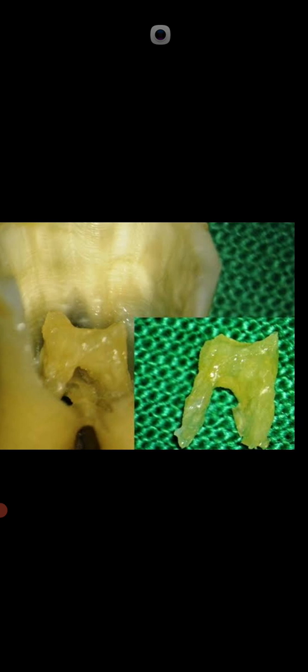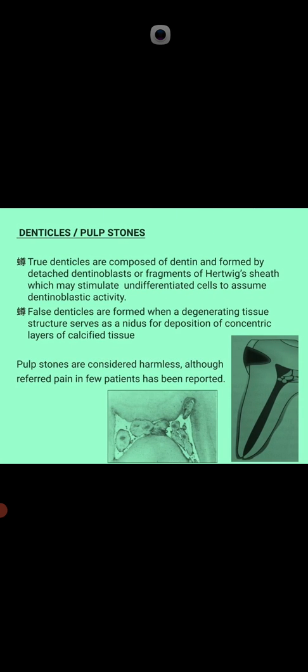Then in the pulp chamber we can remove it with a burr, and in the root canal we should use EDTA to dissolve this calcific material to open the canal.